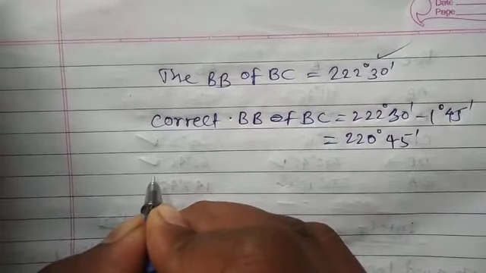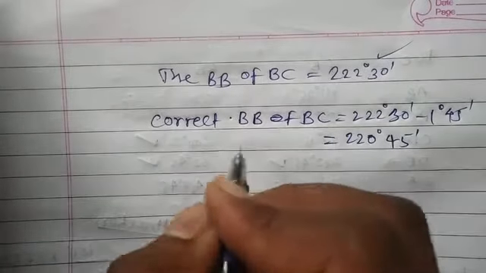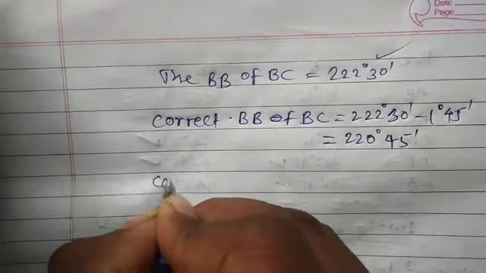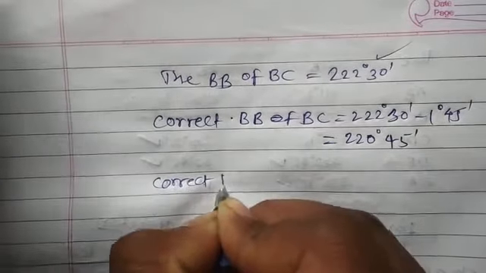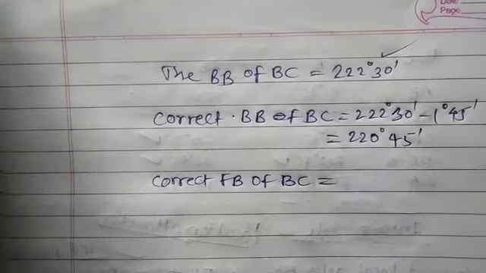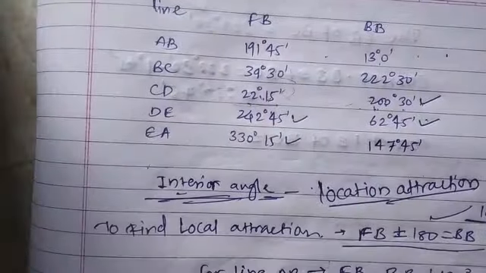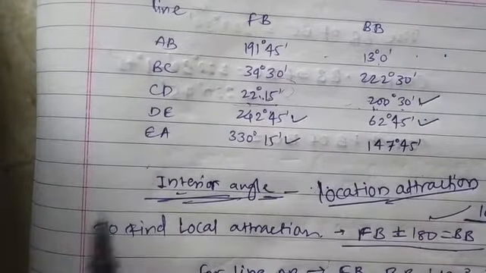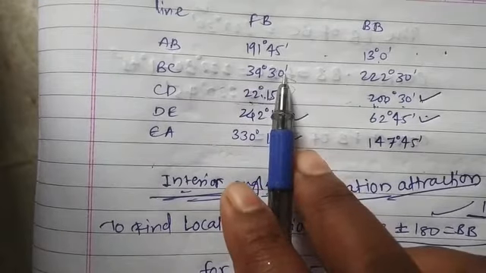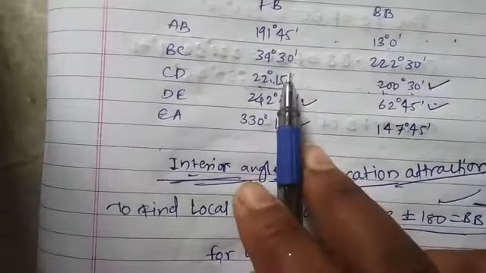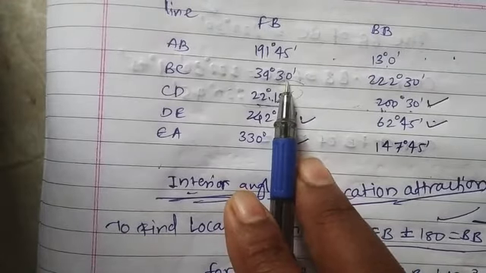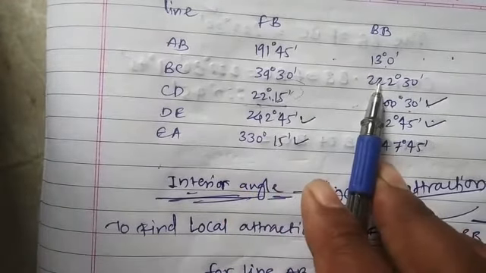Now if we have the correct back bearing of BC, we can find out the correct forebearing of BC. So let's calculate that. Here you can see that the forebearing of BC is lesser than the back bearing of BC.